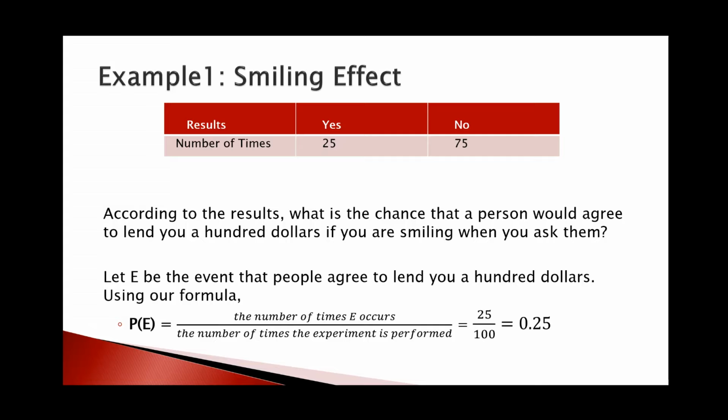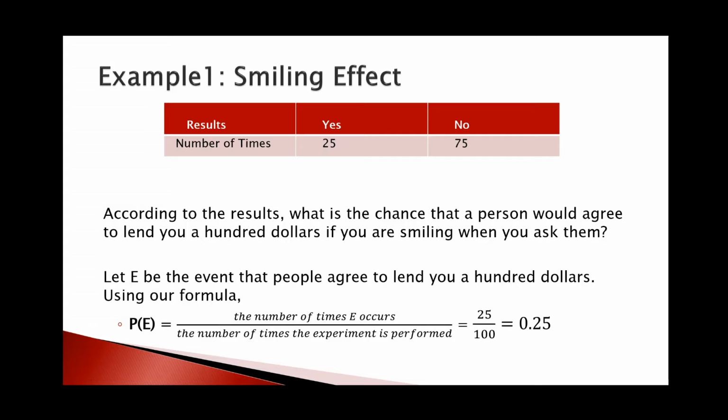Let E be the event that people agree to lend you $100. Then using the formula we just learned in the previous slides, the probability of E, which is the event people agree to lend you $100, is the number of times E occurs.